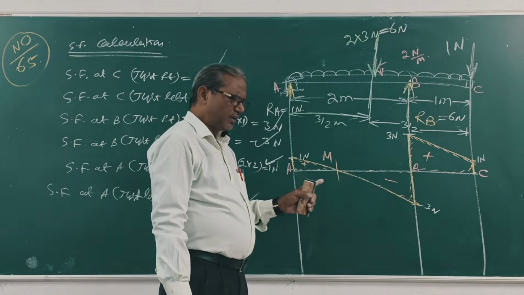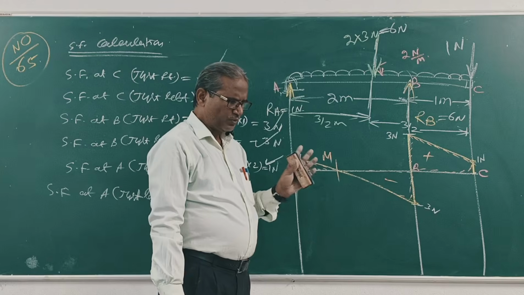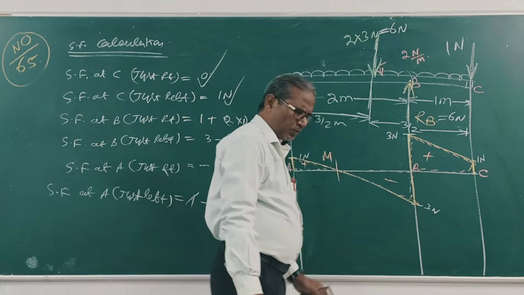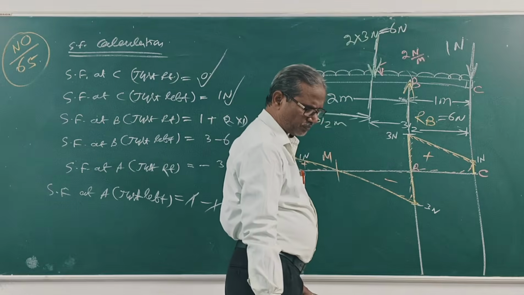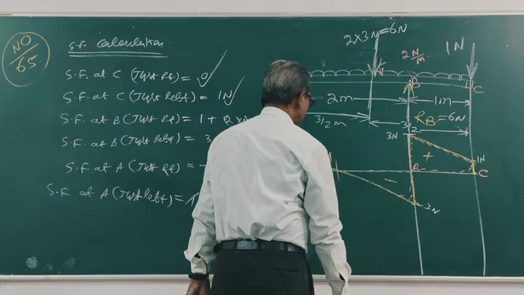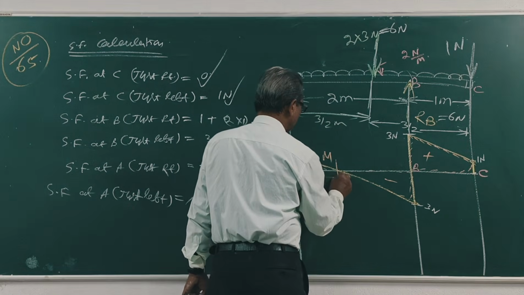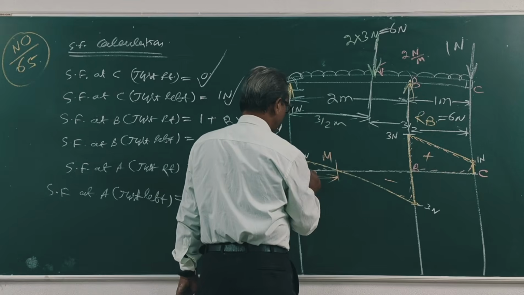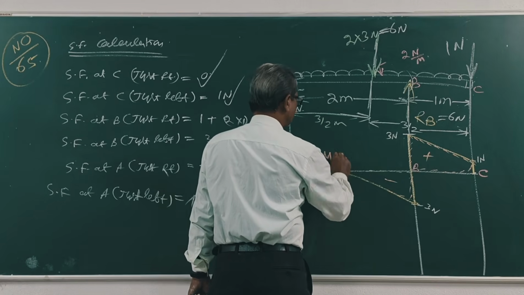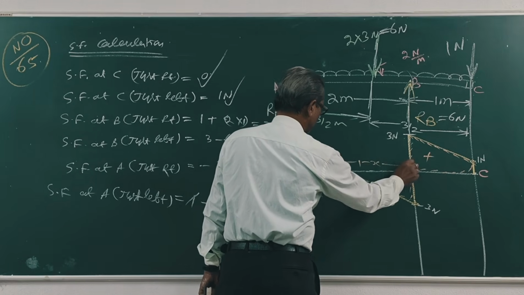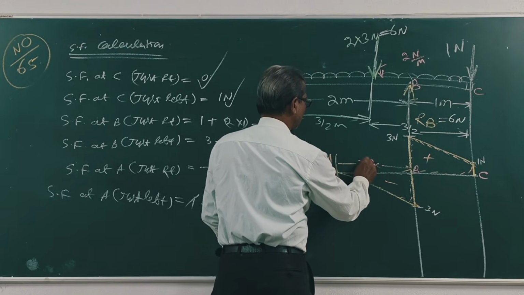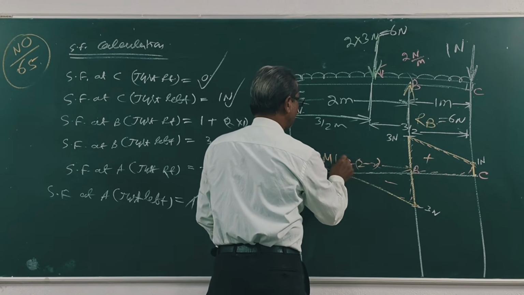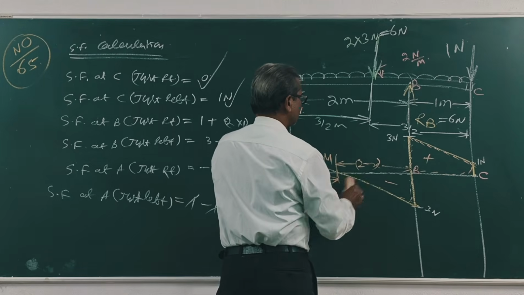So at this point, the bending moment will be maximum. So first find out this point M. Suppose the distance is x. What is this? 1 minus x, 2 minus x.